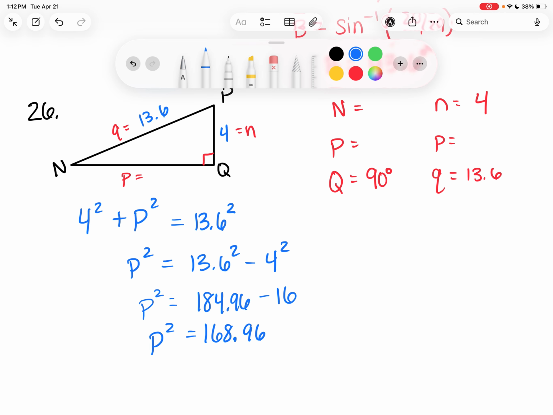Take the square root of that. 12.998. Yep, so it's going to round to 13, because it's almost 169, which is 13 anyways. So side P is 13.